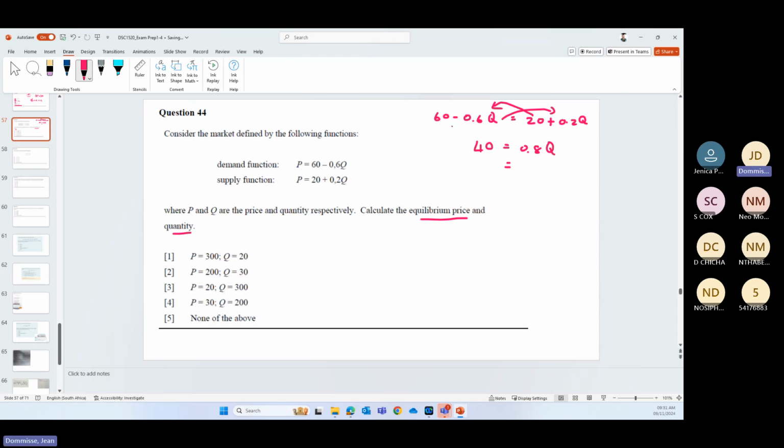Let me just do 60 minus that, because I now get Q is equal to 50. So let me just make 100% sure. 60 minus 0.6Q, 20 plus 0.2Q. So if I take that over, 60 minus that is that, minus 0.6.